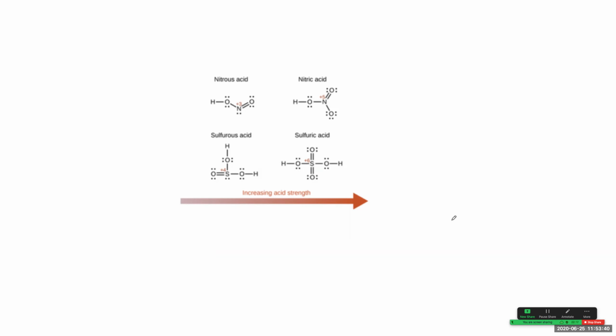There are also ternary acids that contain halogens. So remember perchloric acid, HClO4. So we have 4 oxygens around here.